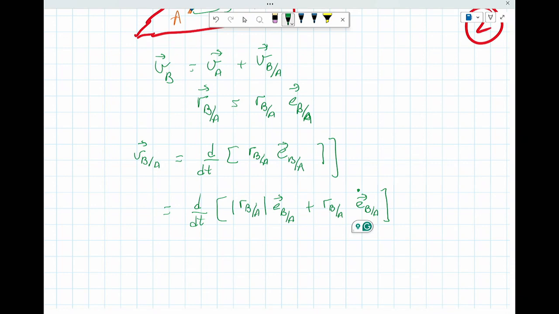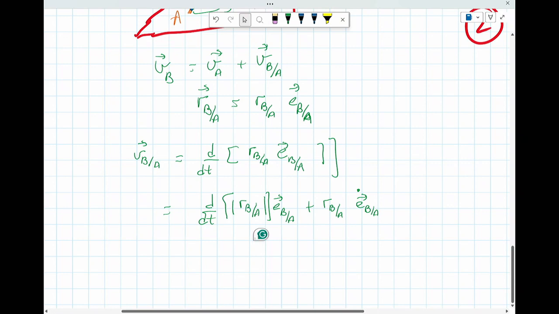And I don't need a d/dt there. I need a d/dt on this. So all I'm doing is chain rule, calculating the derivative with respect to time of r_B/A.